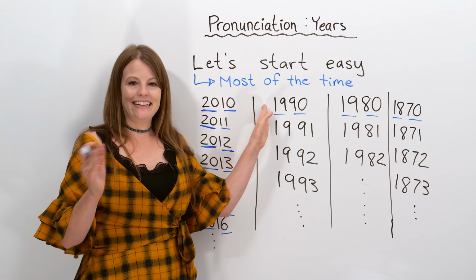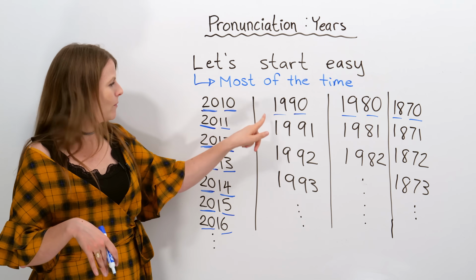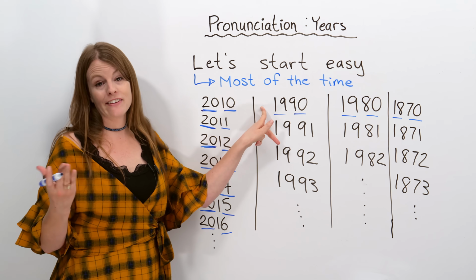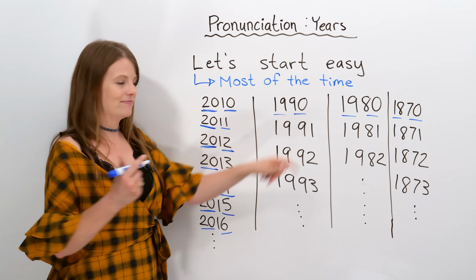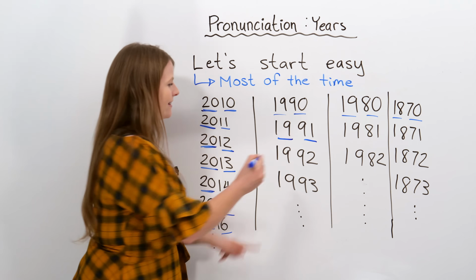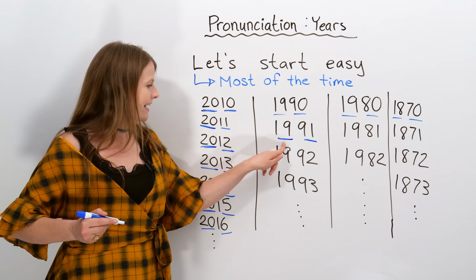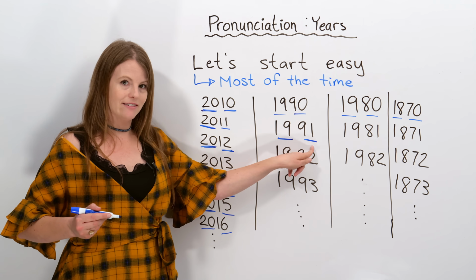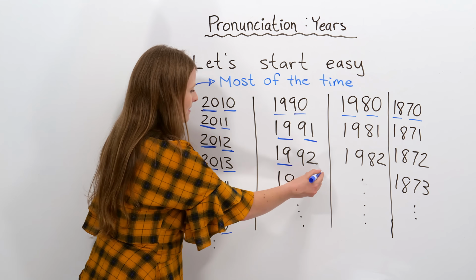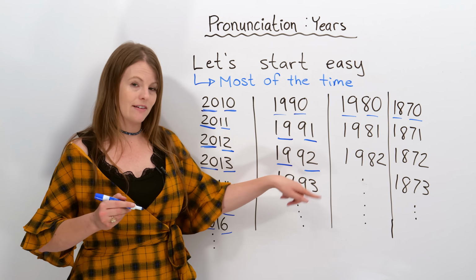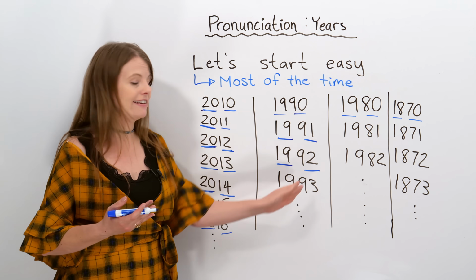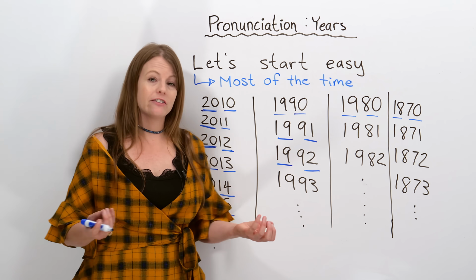Now let's look at the 90s. Okay, what do we say with this one? Well, we follow the same rule, actually. We say nineteen ninety. What do you think this one is? Nineteen ninety-one. Nineteen ninety-two. Okay, some of you might have been born in these years, so they're really good ones to know.